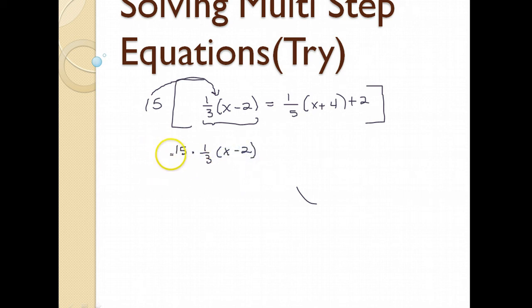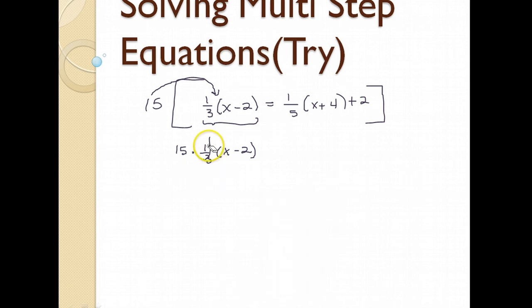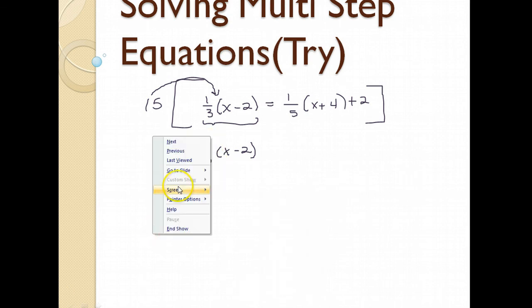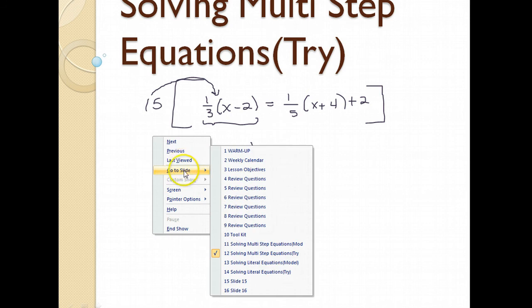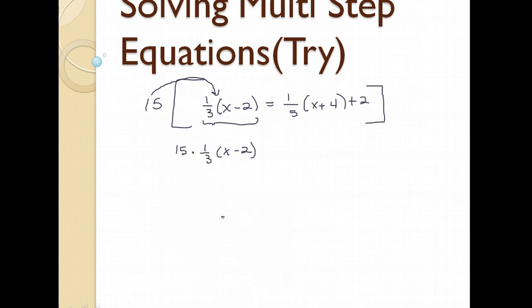By the associative property, I can choose how I multiply, which one I do first. So I'm going to multiply 15 and 1/3, and that gives me 5.